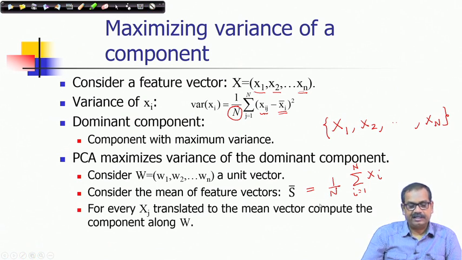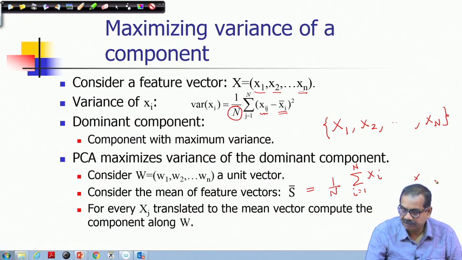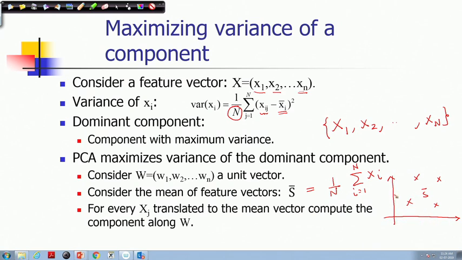So, for every xj translated to the mean vector, compute the component along W. Suppose these are the data points and this is S bar, and this is the original coordinate system of the space. First we transfer the center to S bar, and take any particular direction, say this direction W, and take the component, meaning the dot product with W. This should be a unit vector, so the dot product of this would be the component.